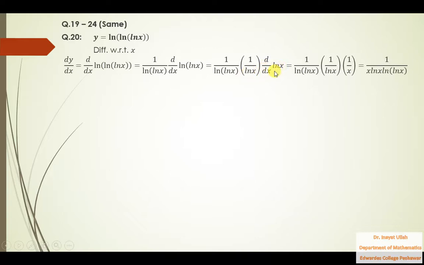And now the derivative of log of x is 1 by x. So that is 1 into 1 into 1 is 1, and then writing x first, then log of x, then log of log of x is the derivative of this function. So I hope this question is simple to solve. You just need to recognize u in this function.